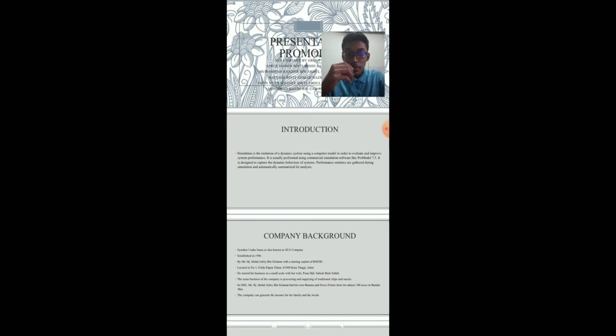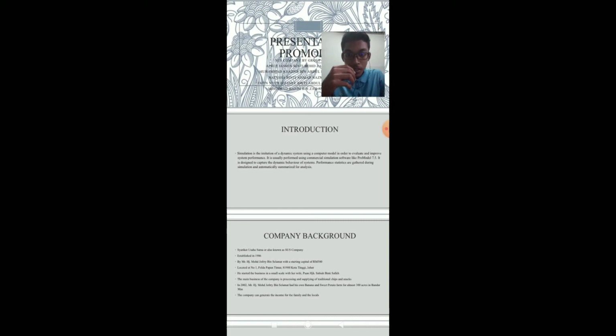Next, for the company background, this company name is Syarikat Usaha Sama, also known as SUS Company. It was established in 1986 by Mr. Haji Muhammad Jufri bin Selamat with a starting capital of RM500.